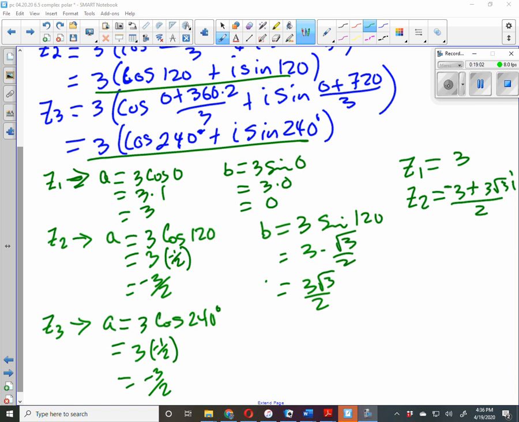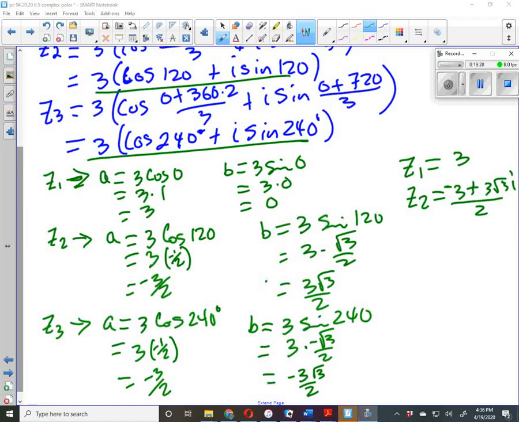That should be a negative there. And then b is equal to 3 sine 240, which is equal to 3 times negative root 3 over 2, which gives you negative 3 root 3 over 2.